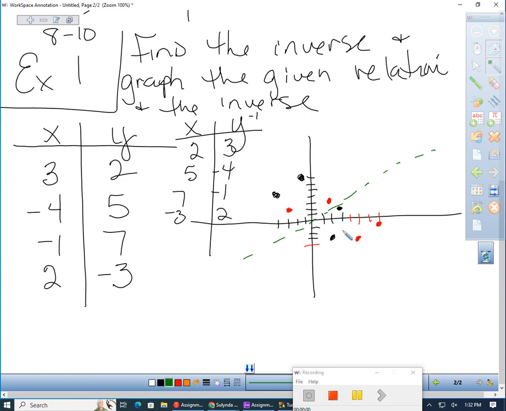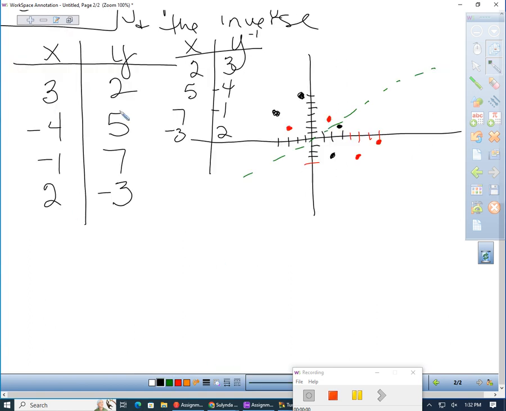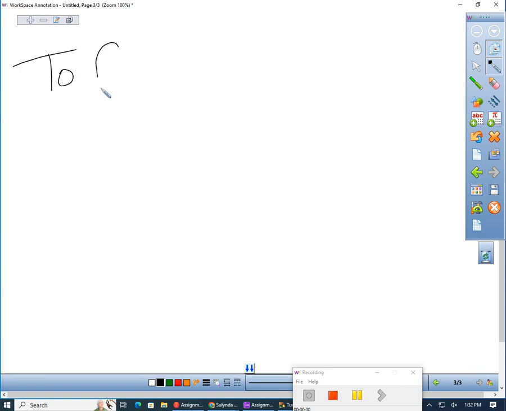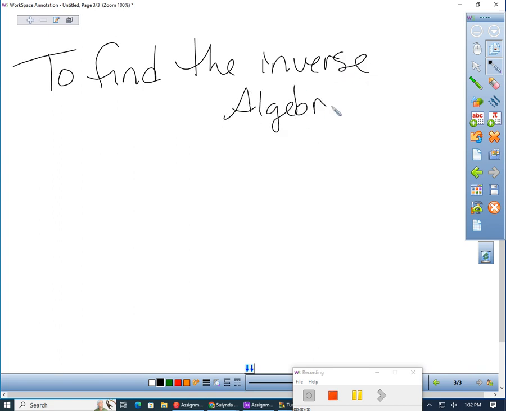Okay? Now, if it is in function form, so not in a table, we have some steps I'm going to ask you to follow. So, to find the inverse algebraically. Step 1, switch x and y around.